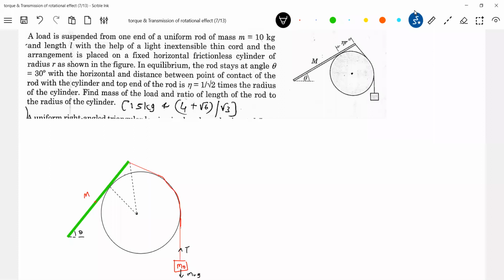Weight m naught g. Tension. Here the tension will act like this, and he has given this length as eta r, and this is r. What is eta? 1 by root 2. So we'll take help of this theta, so I'll take this angle as beta.